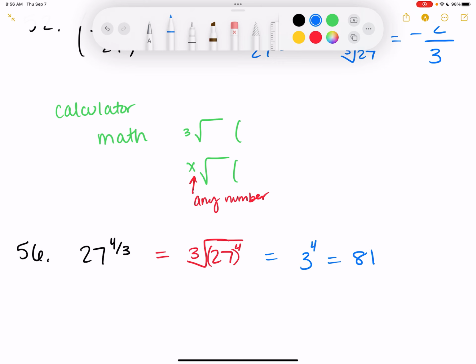Let's see, just a couple more and then we'll be done. Negative 32 raised to the negative 4/5.